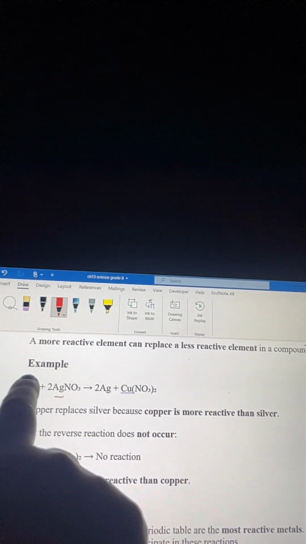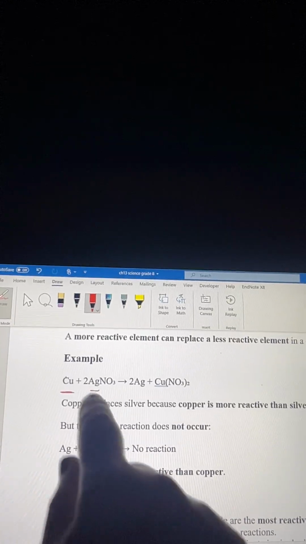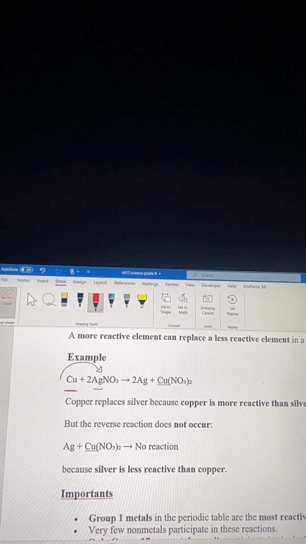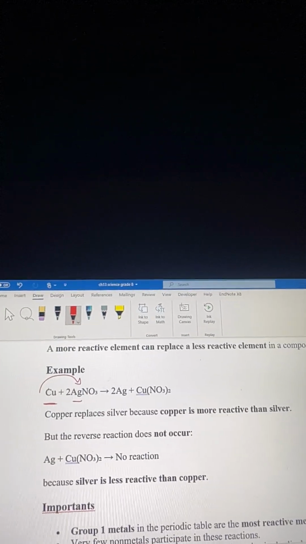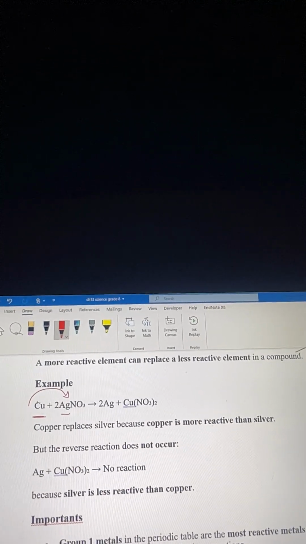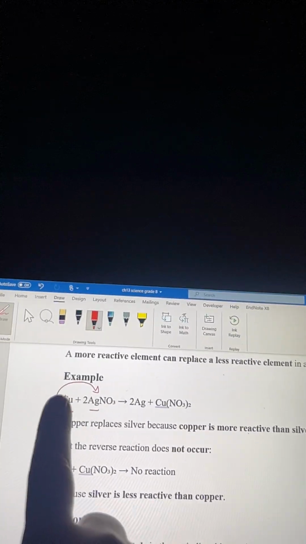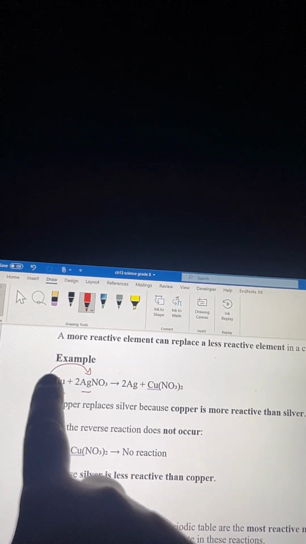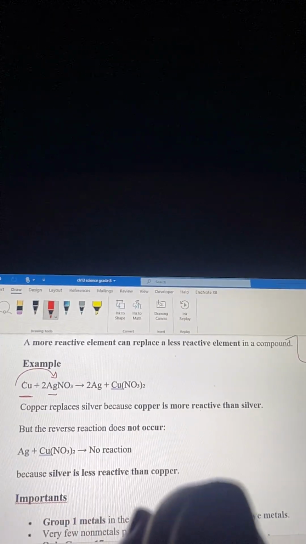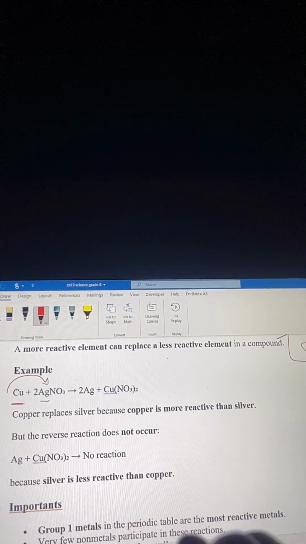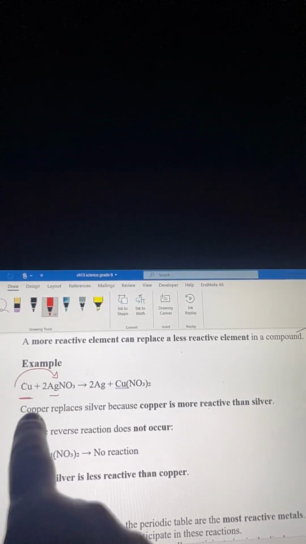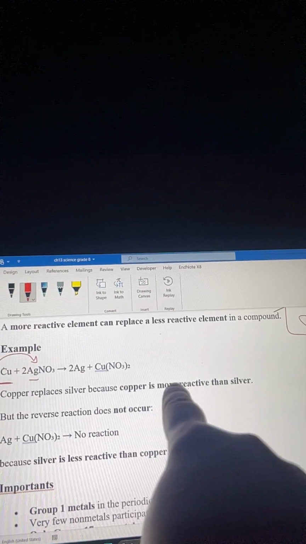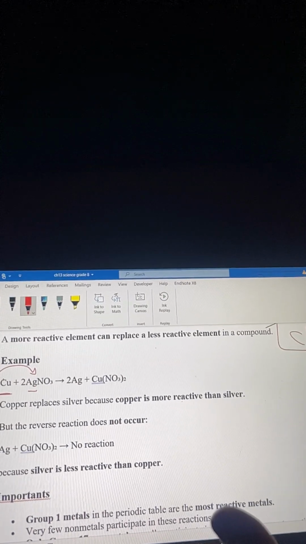This Cu wants to replace Ag, but on one condition: this Cu should have more activity than the Ag, which is silver. So here copper replaces silver because copper is more reactive than silver.